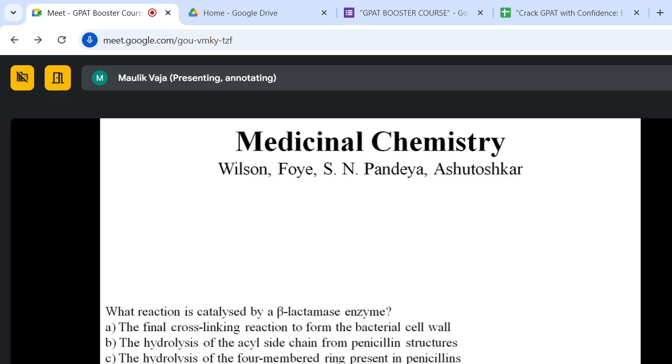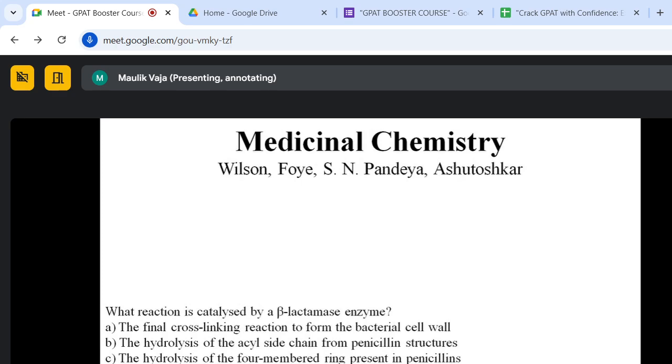Another question: what reaction is catalyzed by a beta lactamase enzyme? Tell the answer. Which reaction will be catalyzed by the beta lactamase enzyme? Yes, so the answer is option C: the hydrolysis of the four-membered ring present in penicillin.